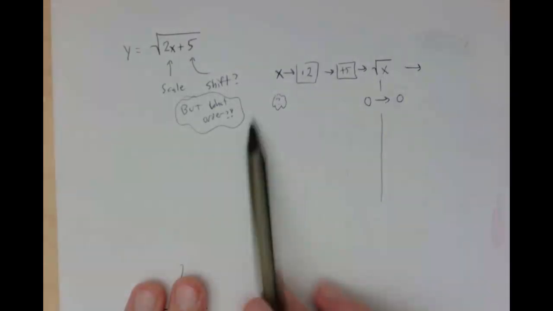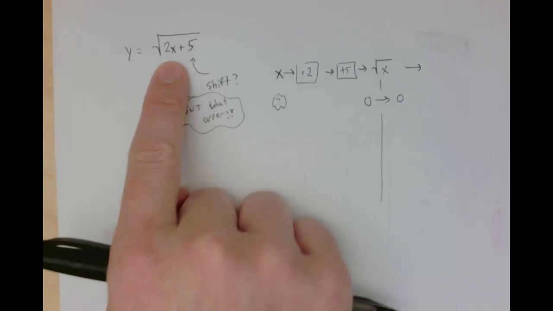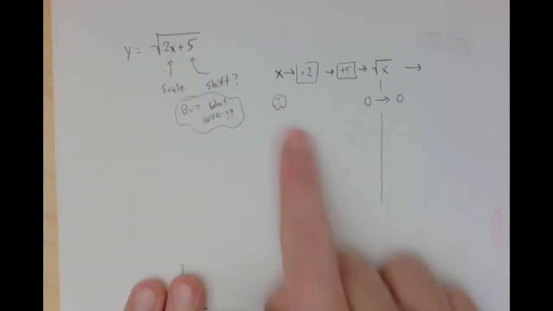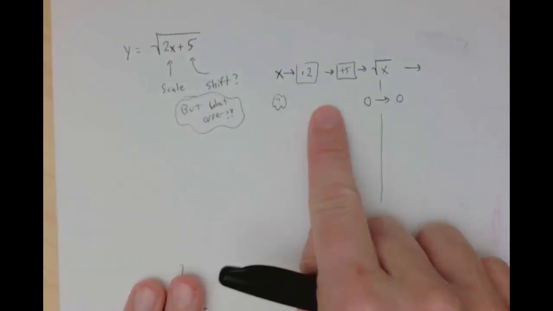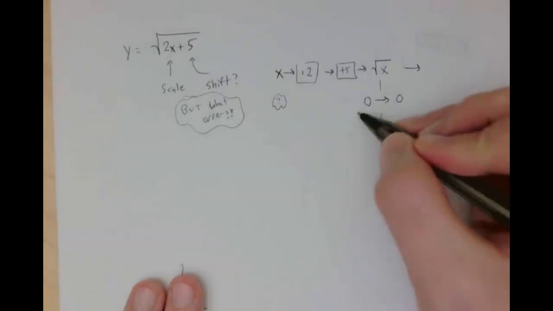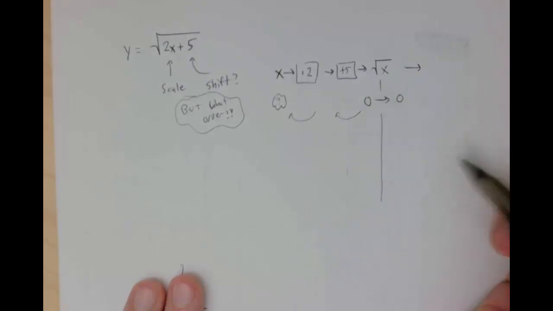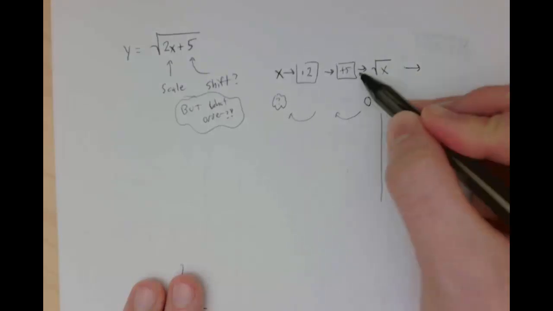You can think about it in the same way. You can think, all right, if I plug in an x value, what I'm doing to it on the inside is I'm multiplying by 2 and then adding 5. So if I want to end up with 0, what x value acts like the old x value at 0? And the answer is you can reverse both processes.